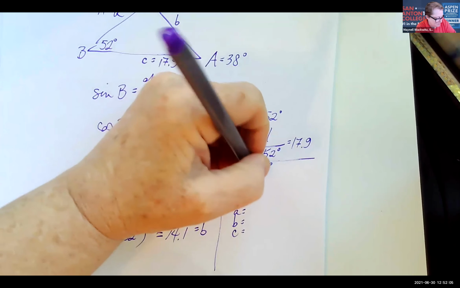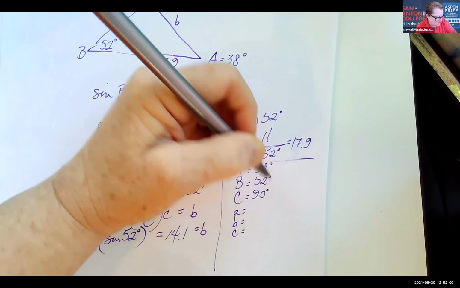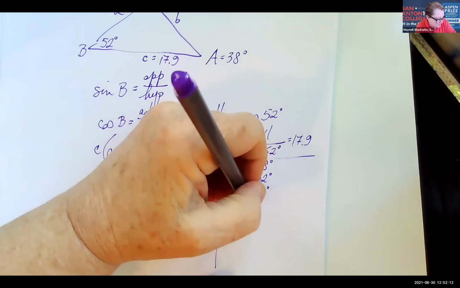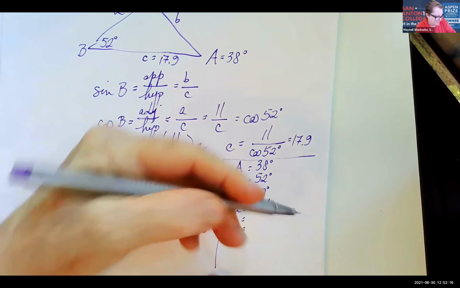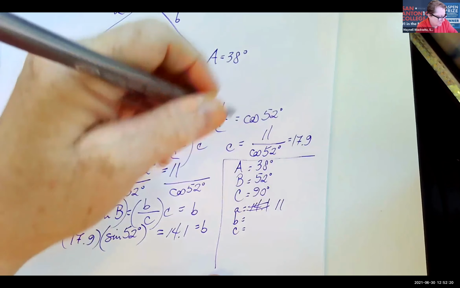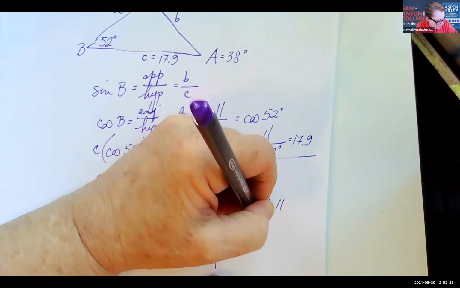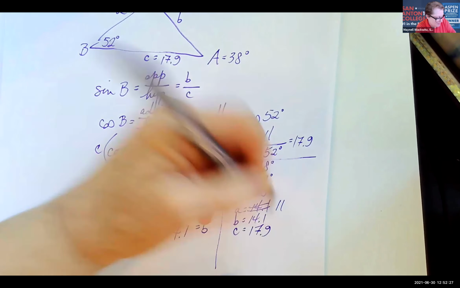We knew that angle B was 52 degrees and angle C was 90 degrees. Little a, they gave us as 11. Little b was 14.1 and little c was 17.9.